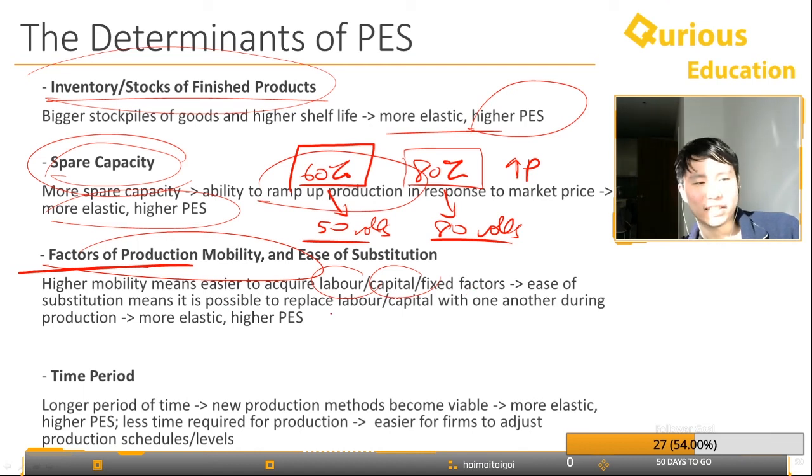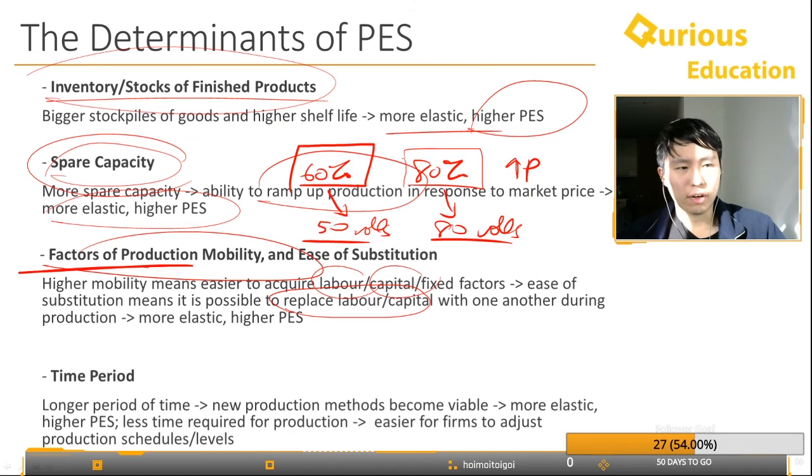So if it is easier to replace the machines with people, or to replace the people with machines, in the process of toilet paper production, then as a result, you're going to be more responsive to the market price.